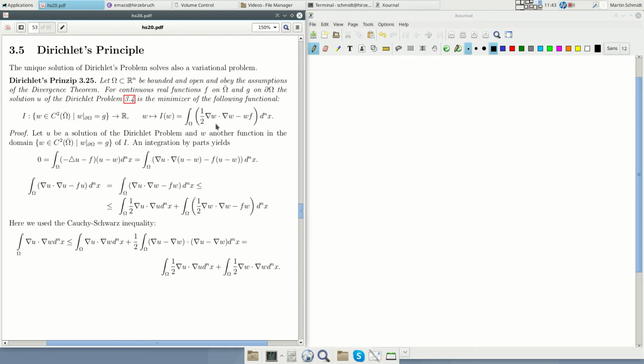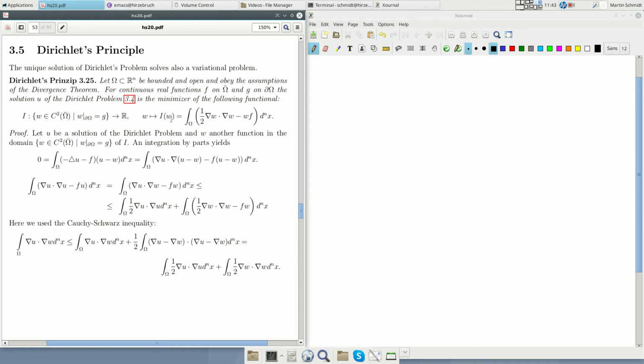It's an integral over omega. Functional means we have a space of functions and associate to any function a number. So we define on a space of functions real numbers, and this we call a functional.